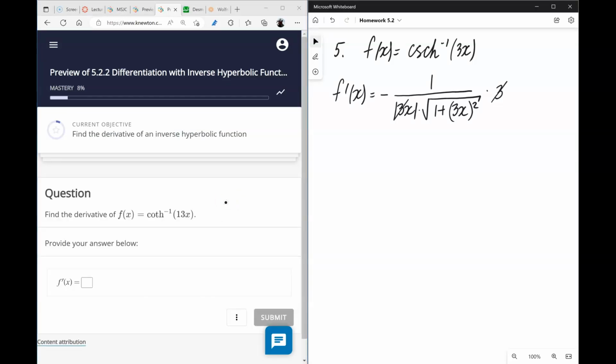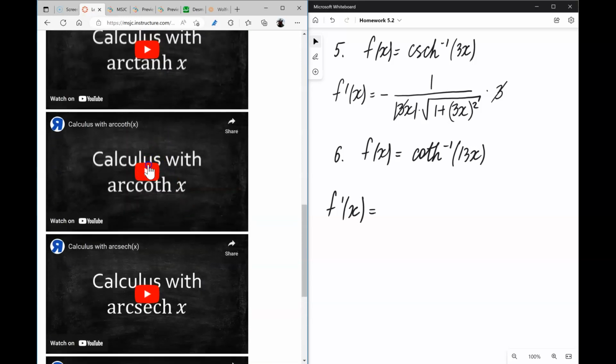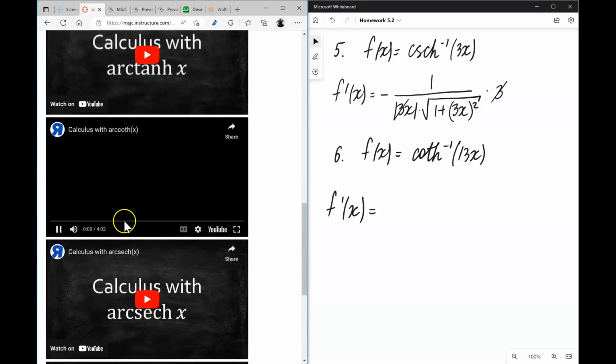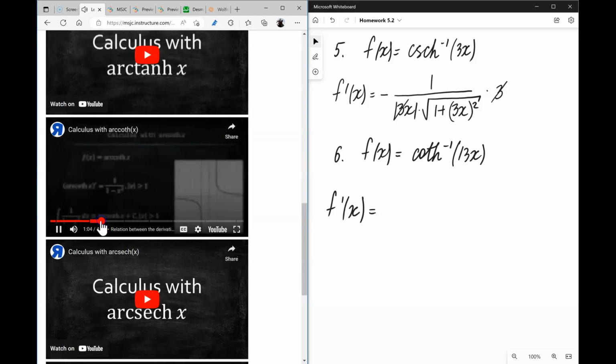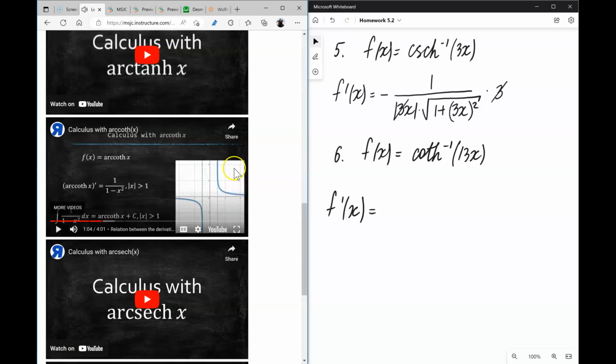All right, let's do cotangent inverse. The derivative of cotangent inverse is something I have to look up. So here it is. Oh, that one's easy. It's just 1 over 1 minus 13x squared.